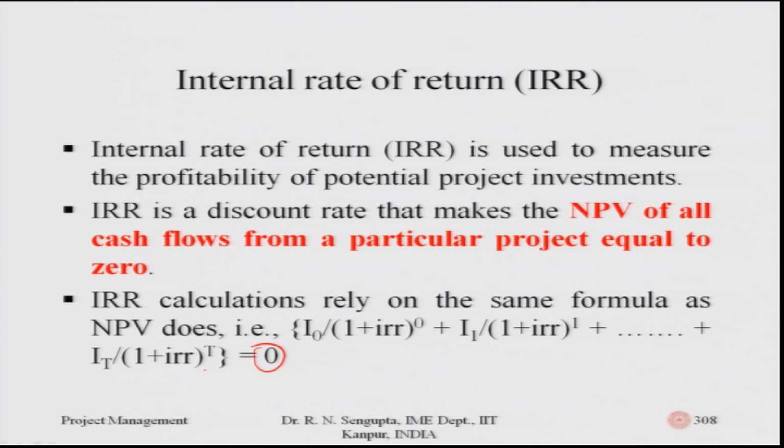Then for the second time period, you have I 1 divided by 1 plus IRR to the power 1, and correspondingly the last value is I suffix capital T divided by 1 plus IRR to the suffix capital T. So, this value is 0. So, what you do is that you know I 0, I 1, I 2 till I capital T. The only thing that needs to be calculated is IRR. You use some simple mathematical methods to find out the value of IRR.